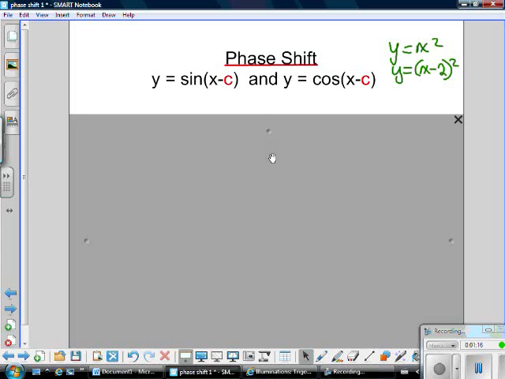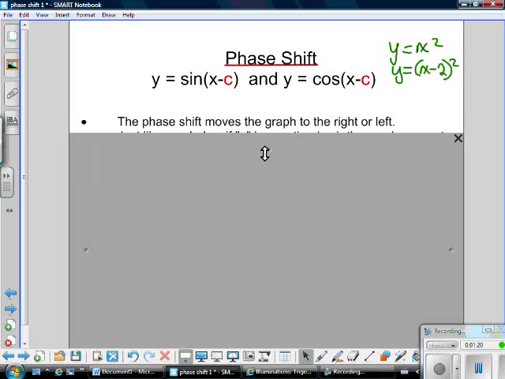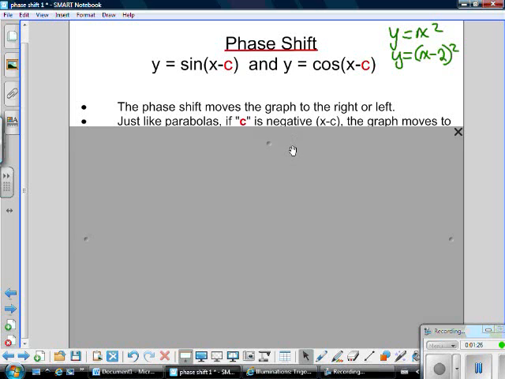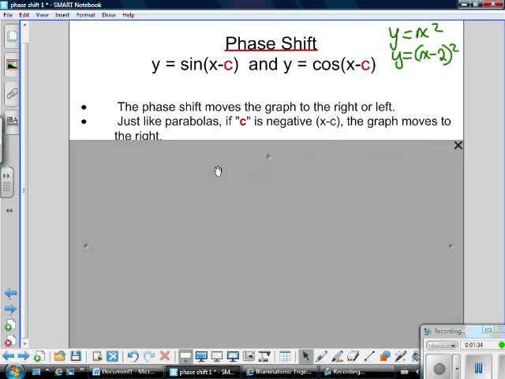At any time that you need to pause the video, please do so. So what happens is the phase shift moves the graph to the left or right. Just like parabolas, if C is negative, in other words x minus C, the graph moves to the right. So it's the opposite of what we would expect.